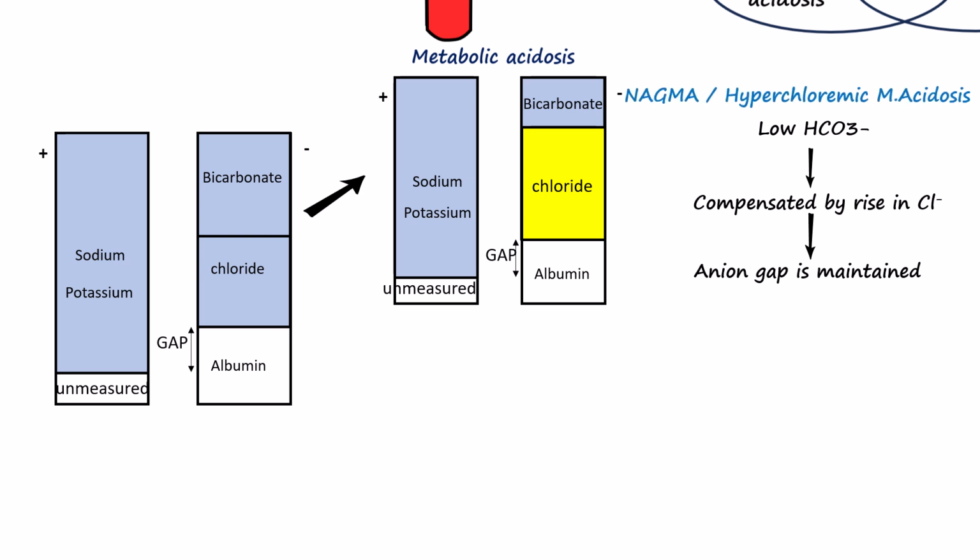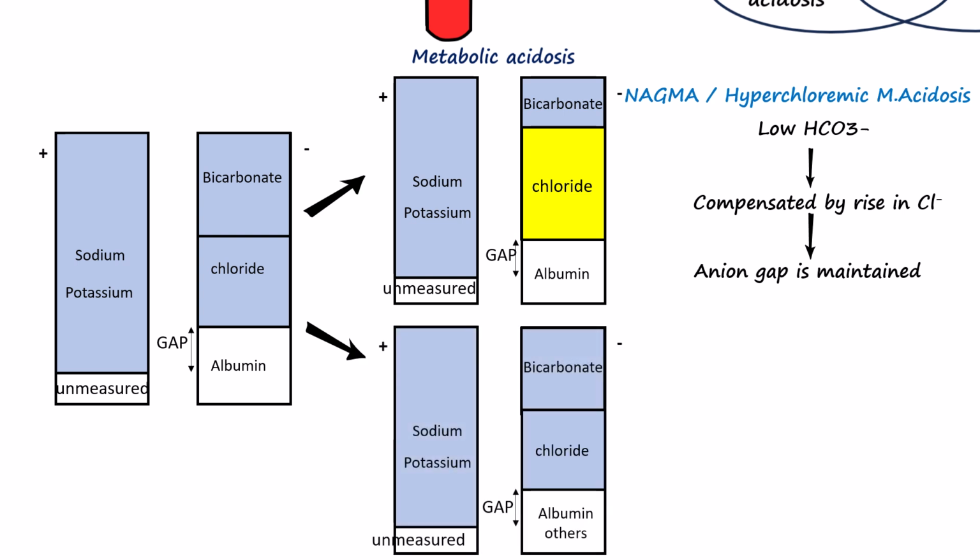It is also called hyperchloremic metabolic acidosis because of the increase in chloride ion concentration in the plasma. The other response to the reduction in bicarbonate in metabolic acidosis is the accumulation of unmeasured anions such as lactate, ketoacids, or toxins.